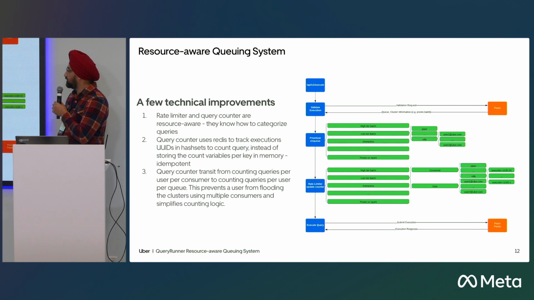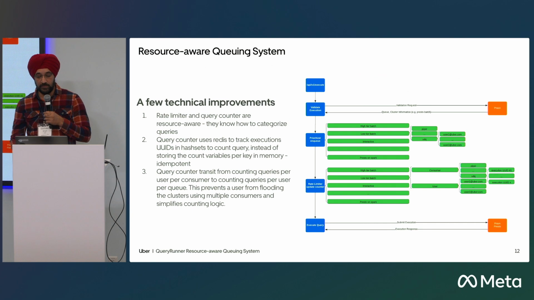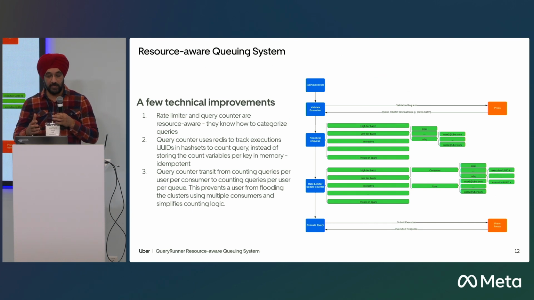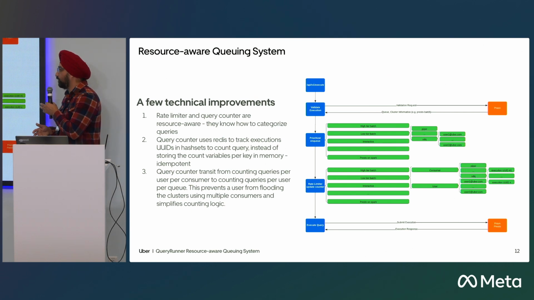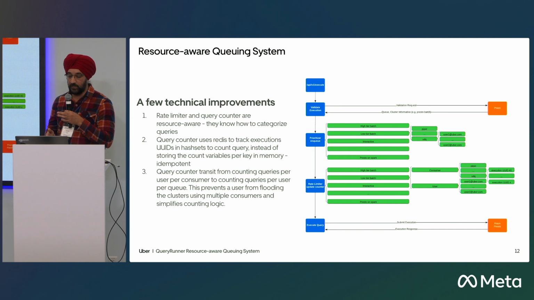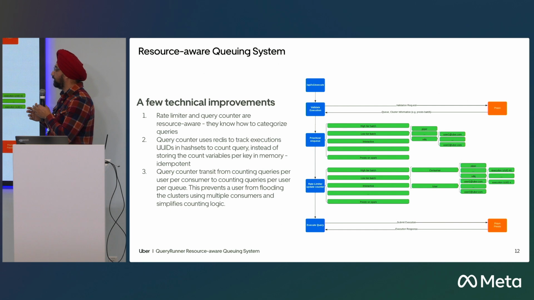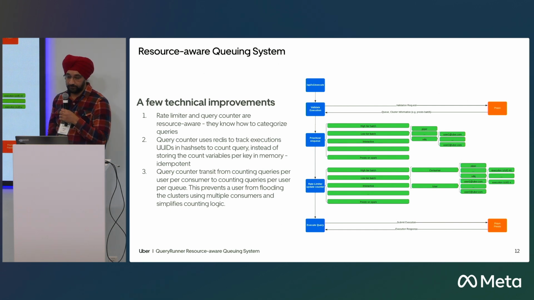But this limit we also make across all consumers, so that we don't let the users game the system by creating multiple consumers just to get over the user-level limit. So it doesn't matter which consumers the queries come through, the queries will still get gated under a user-level limit.